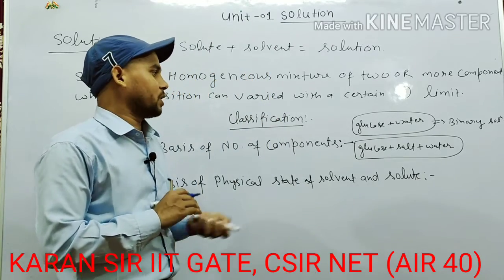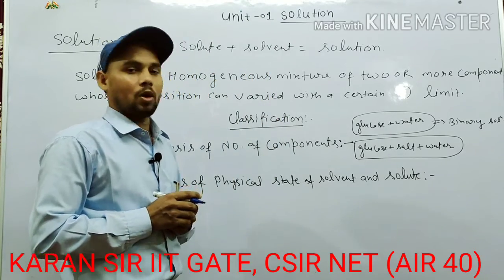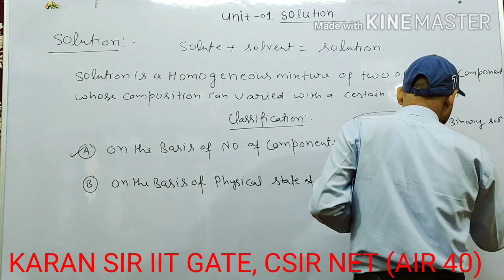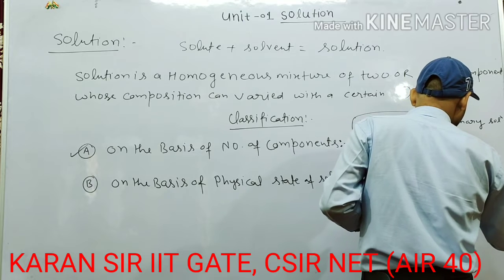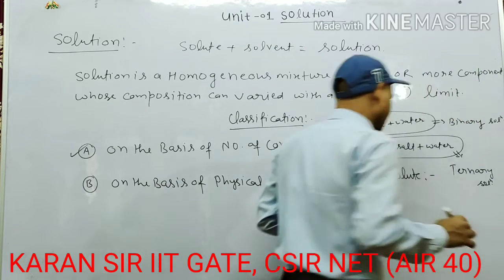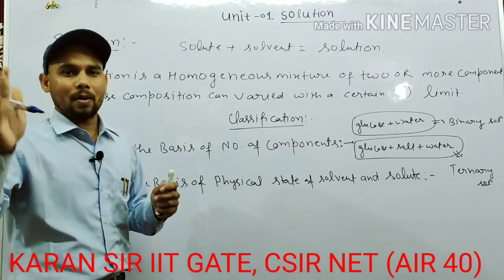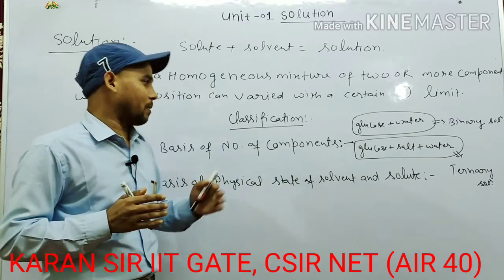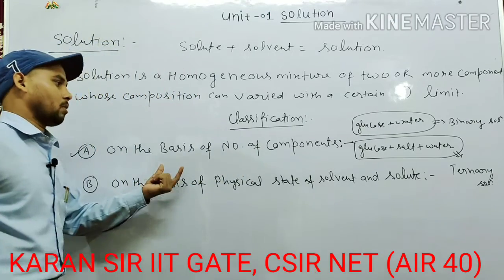So it is called a ternary solution. Similarly, if a solution has four components, it is called a quaternary solution. So this is the basic classification on the basis of number of components.